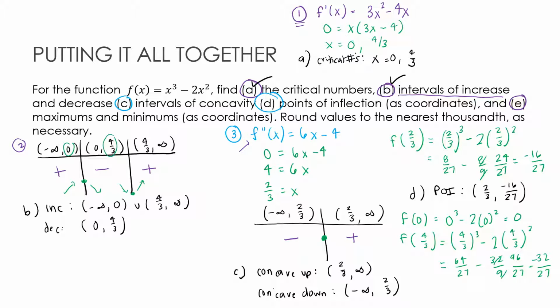And then of course I would just write my final solution. So part E, which is min or max. I've got a max at 0, comma 0, and I have a min at negative 32, oh, just kidding, no, at 4/3, comma, negative 32/27.